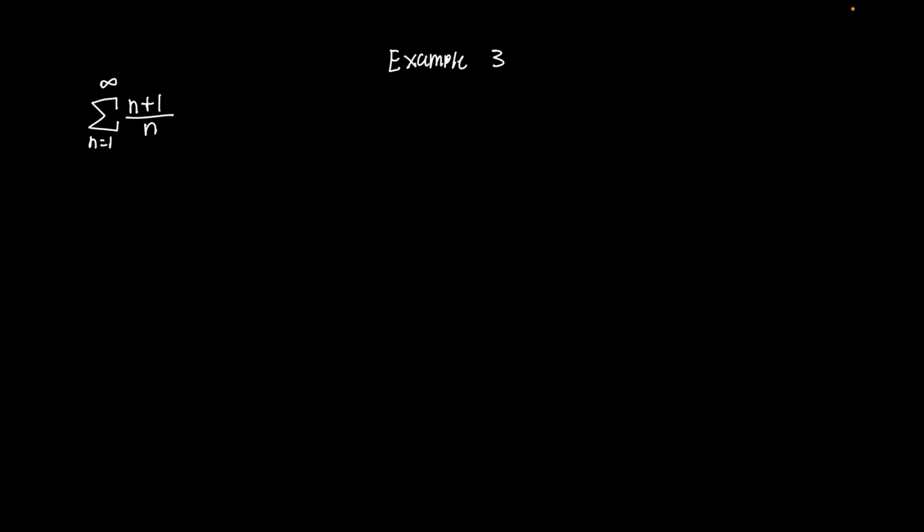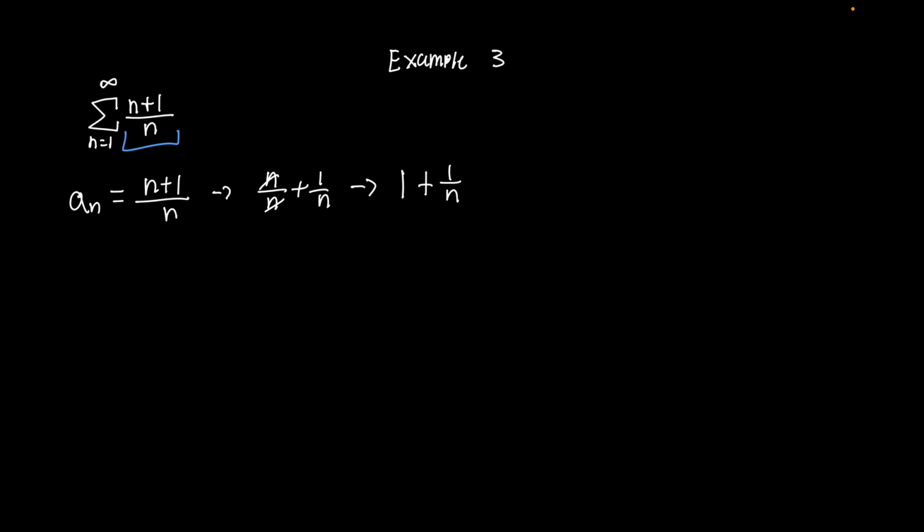So for here, we know our term is just going to be this right here. So we're going to write that as a sub n is equal to n plus 1 over n. So let's simplify this so we can split up the fraction. So this is also n over n plus 1 over n. Simplify this more, n divided by n is just 1. We can just leave that as plus 1 over n.